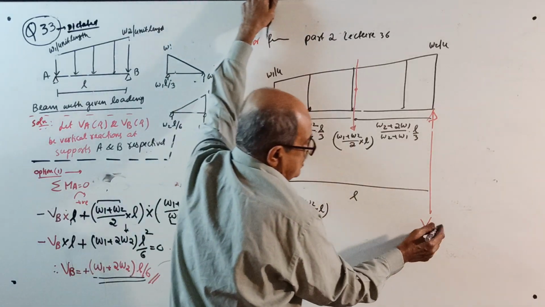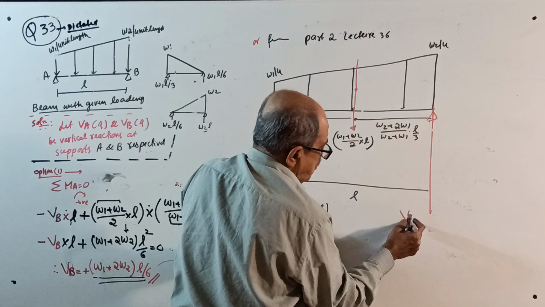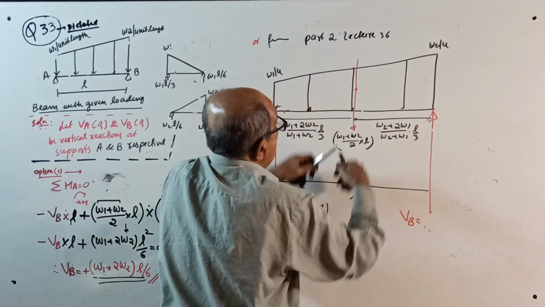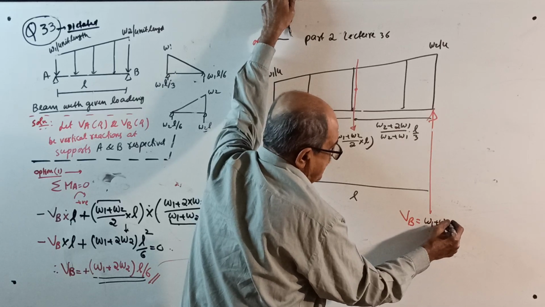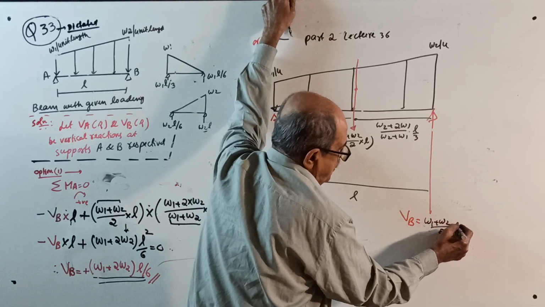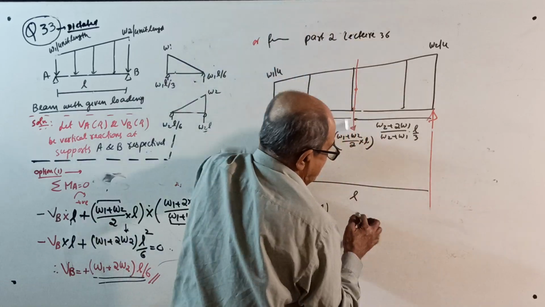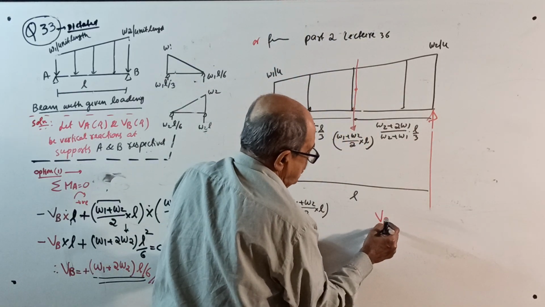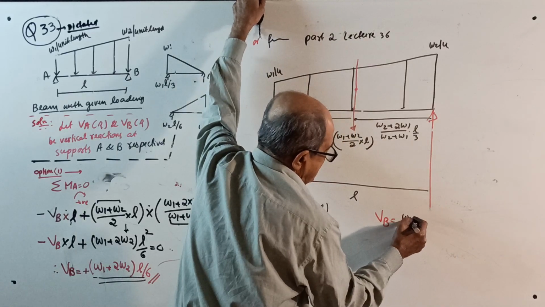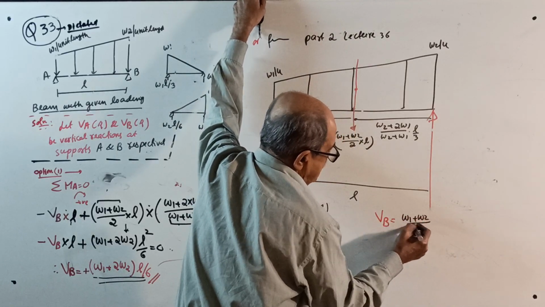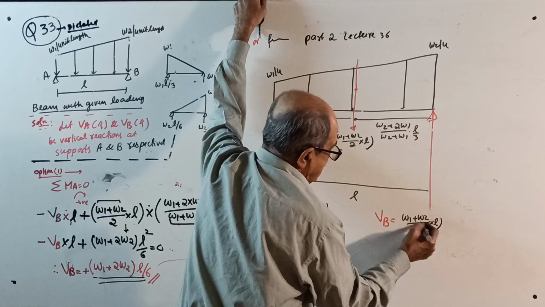Here also, this reaction VB equals how much? Total load, (W1 plus W2) divided by 2 into L. Space problem is there. I can write up to here only. (W1 plus W2) divided by 2 into L is the total load.